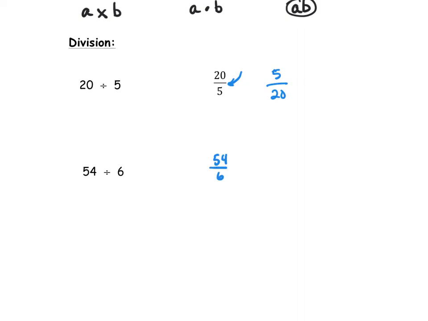And just like multiplication, sometimes we're given variables. For instance, I could have x, some unknown number, divided by 10. Should I write this as 10 over x, or should I write it as x over 10? So the first way or the second way?